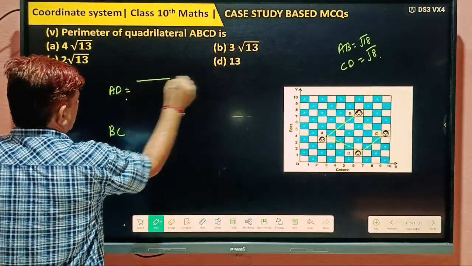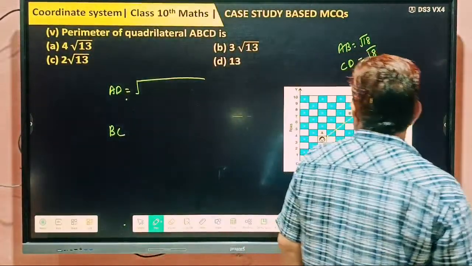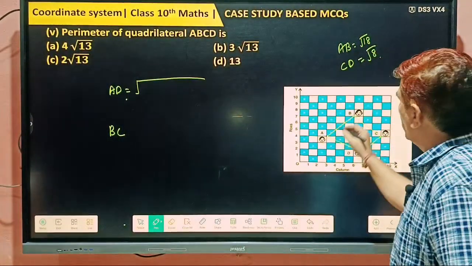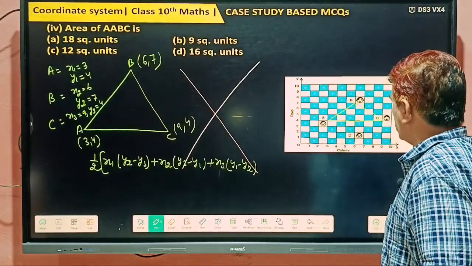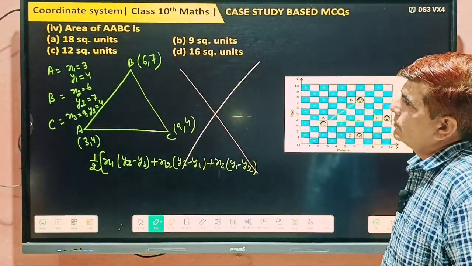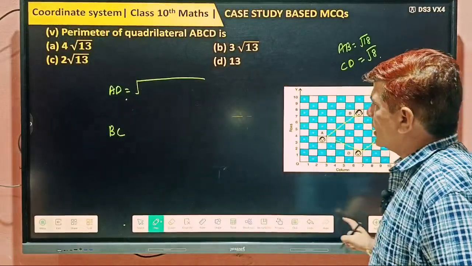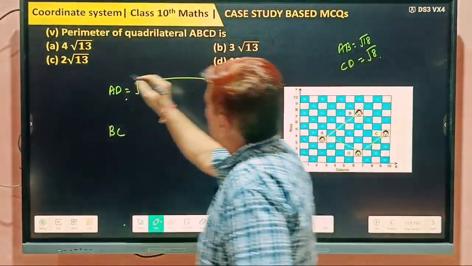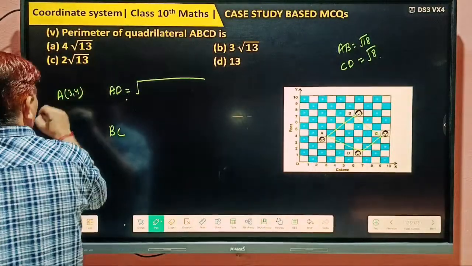AD is equal to this. What are the coordinates of A? This is also given on the backside. Here 3 and 4 are given. So I can write 3 and 4.